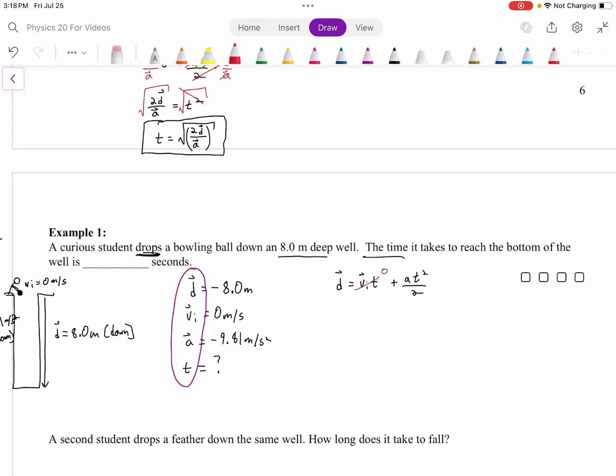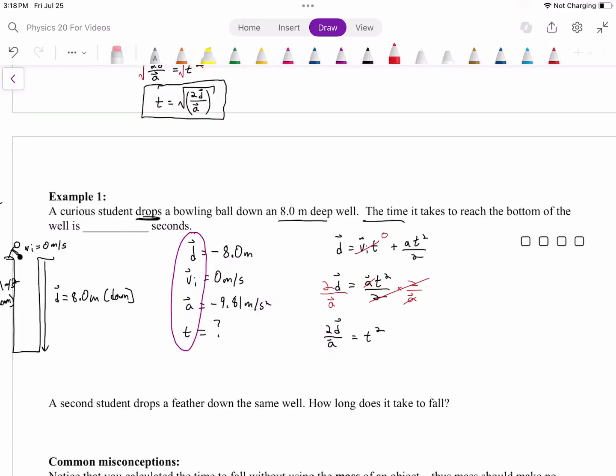And so that just leaves us with displacement is equal to a t squared over 2. We want to solve for time, so it's being squared, multiplied by acceleration, and divided by 2. Let's go ahead and multiply by 2 to cancel that out. And while I'm at it, I'll divide by acceleration to cancel that out. That leaves me with this. Time is being squared.